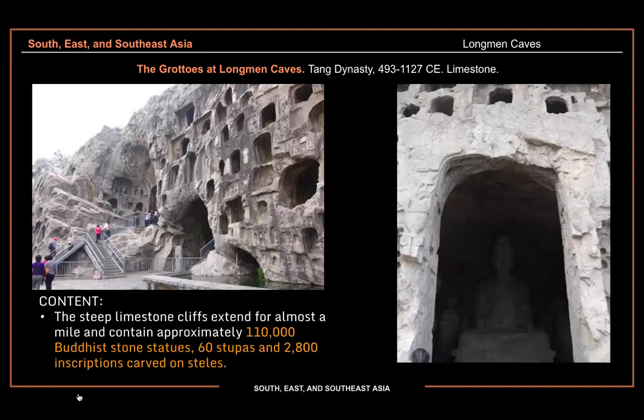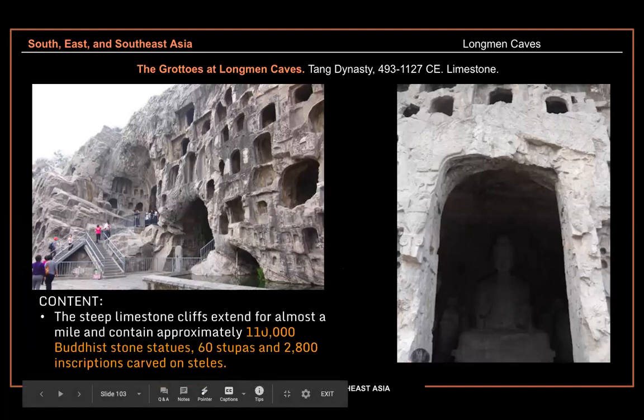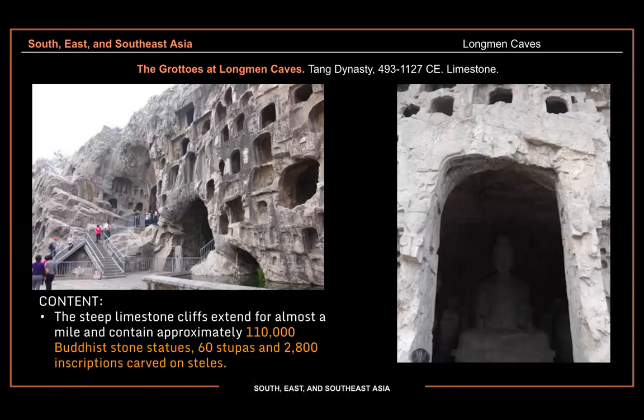And besides the chapels, there are 110,000 Buddhist stone sculptures, right? There are 60 stupas. So remember that stupas are just these little mounds that contain relics, so possibly bones of Buddha or other Buddhist teachers. And then there are almost 3,000 different inscriptions carved on stele, so those monuments.